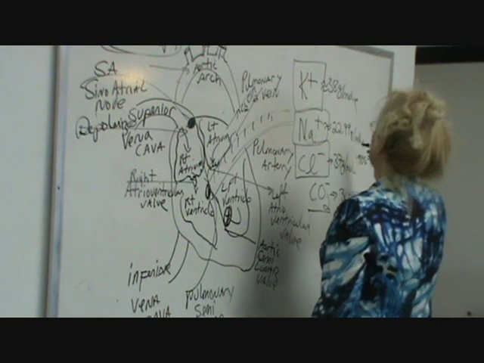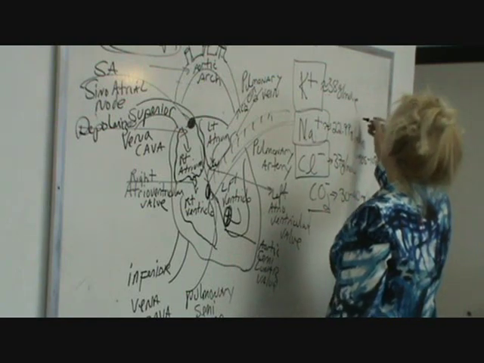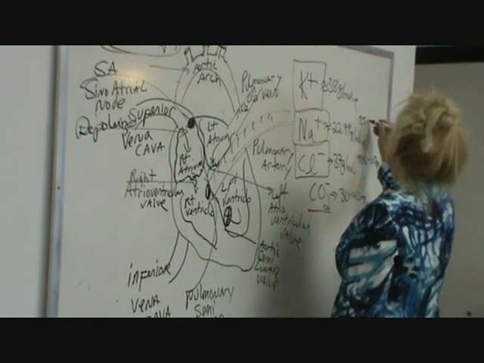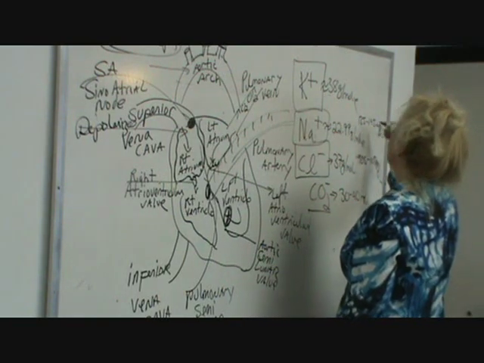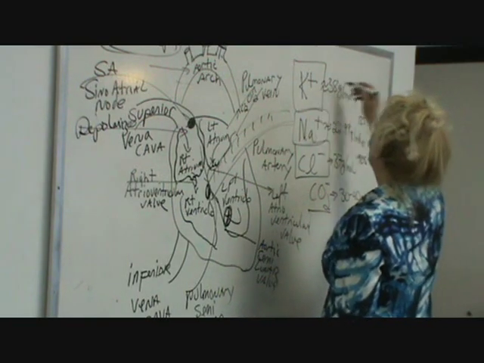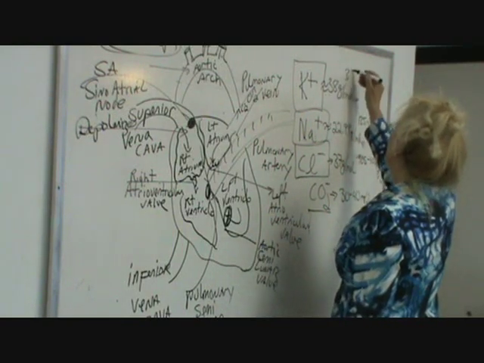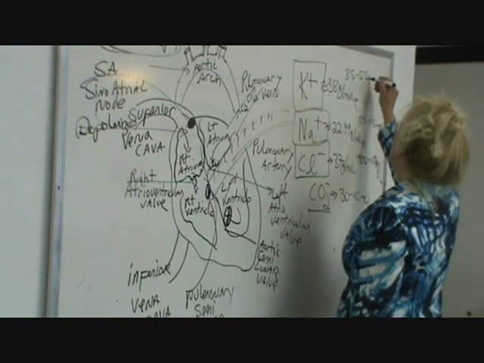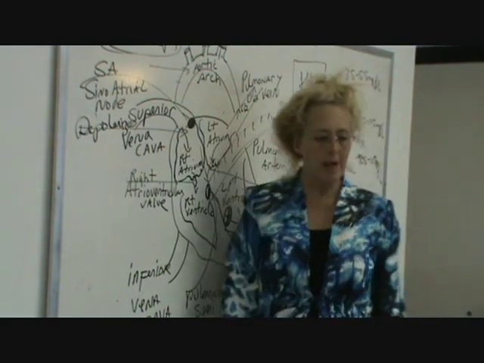Sodium is 135 to 145 milligrams per deciliter body osmolality concentration. Potassium is 3.5 to 5.5 milligrams per deciliter osmolality concentration in the body.